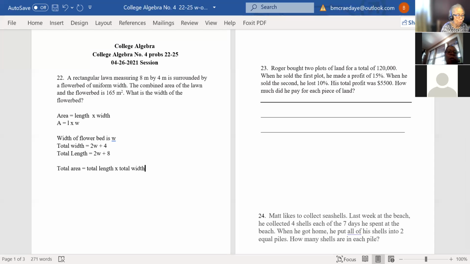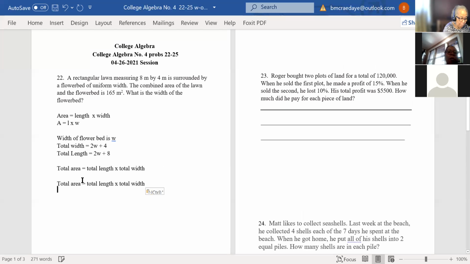Okay, so if we take the total width and the total length and substitute here, let's just take this equation. Now the total area is the total length. So we substitute the total length.